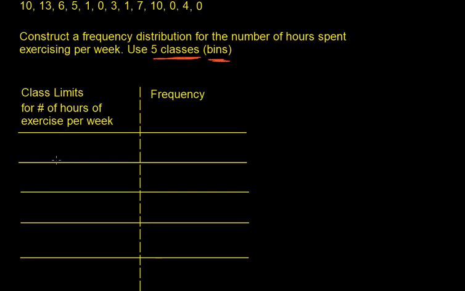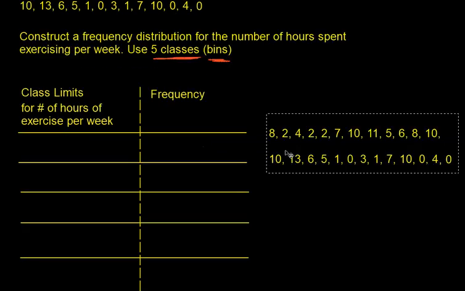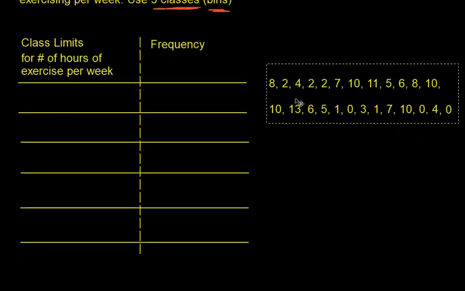But basically what we do is we notice, okay, our data ranges from, what's the lowest observation? Actually, I'm going to go ahead and copy this and bring it down. So what do we see? Let's see. What's the range of our data? The smallest data is 0. Looks like it's no hours of exercise, and the largest is 13.